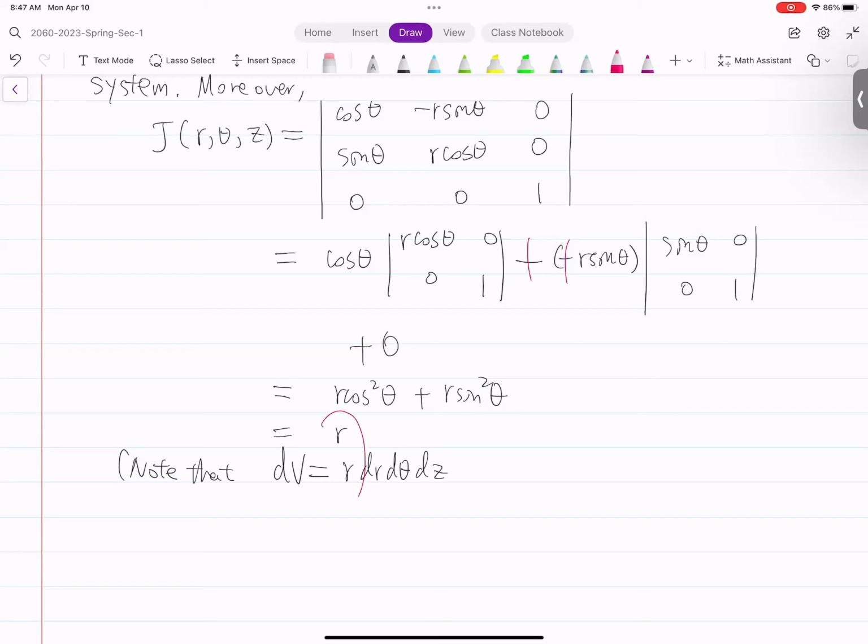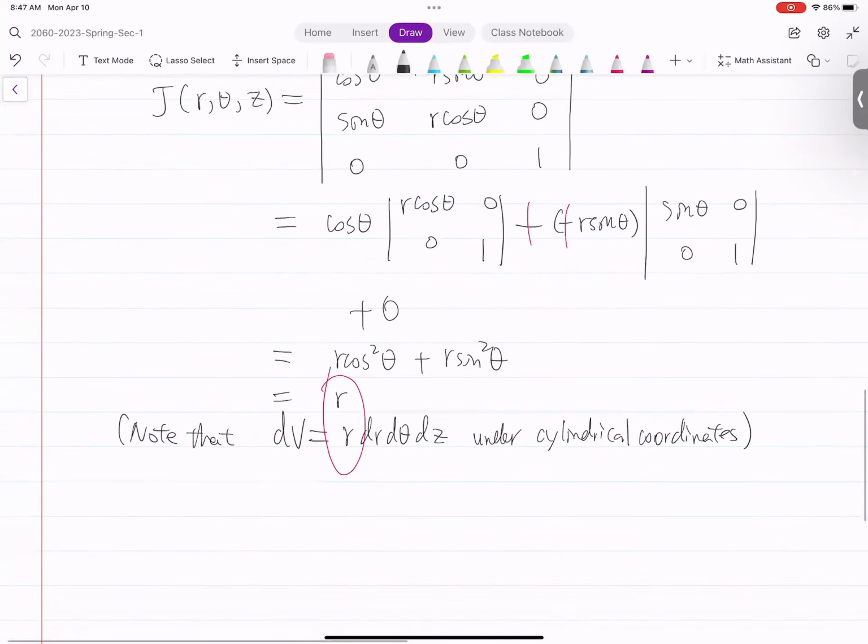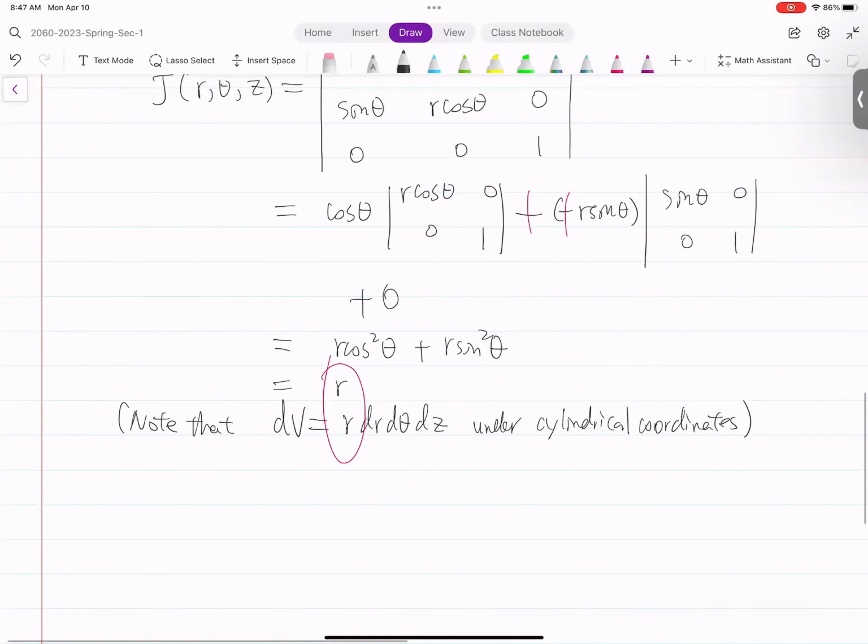So this r is exactly this r under cylindrical coordinates. So this is an even more systematic way of computing this additional factor r that you have to keep in mind, right? So that's good.